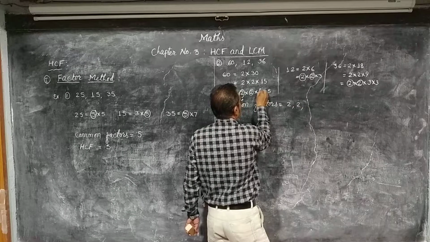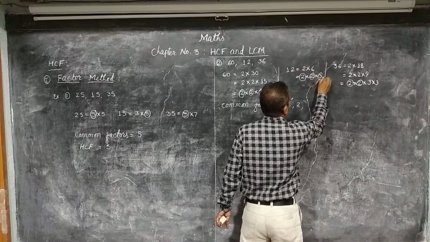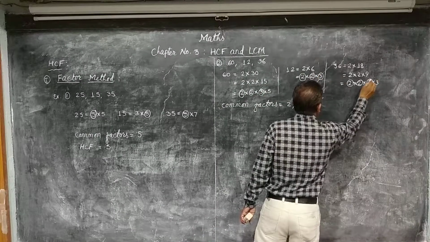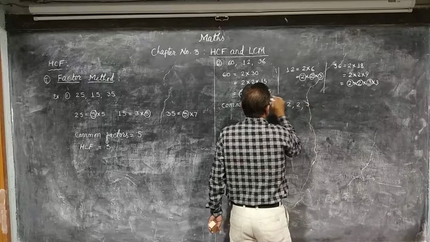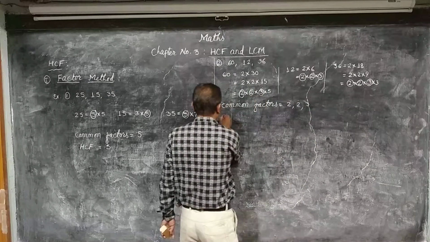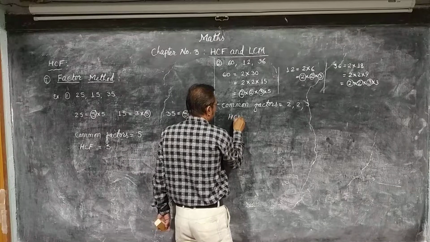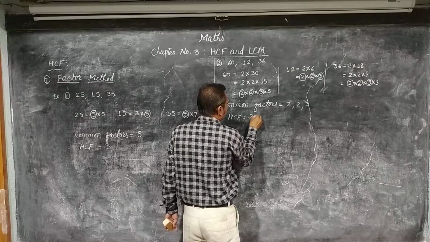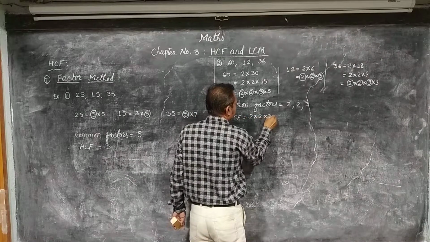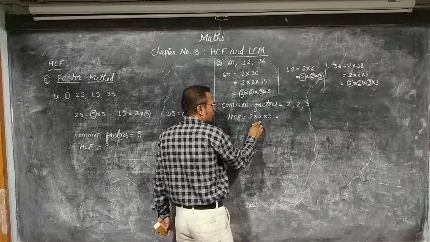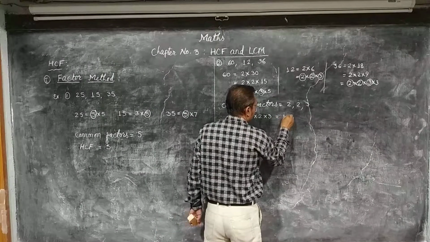Again 3, 3, 3. Is there another? No. Therefore, HCF is equal to 2 into 2 into 3, which is equal to 2 2s are 4, 4 3s are 12.